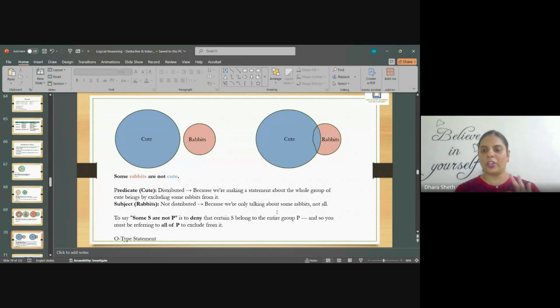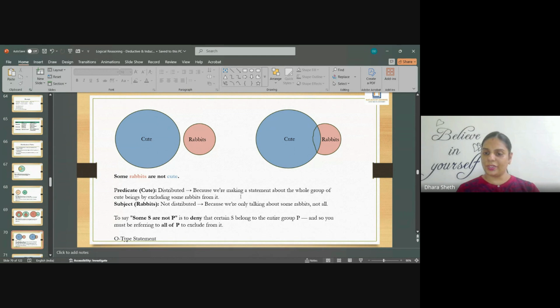Okay. So again, some A are not B. Some rabbits are not cute. Here, this not cute rabbits is our subject and cute beings is our predicate. Subject rabbits is not distributed because we don't know if all rabbits are non-cute or some rabbits are non-cute, we have no idea. Both possibilities exist.